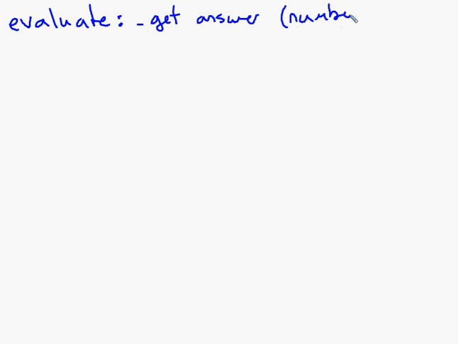We'll do more grouping in a moment. I want to talk about evaluating. Evaluate is when we get an answer. Well, of course we want to get an answer. Usually a numerical one. So we want a number. And what we do is we replace variables, those are our letters, with a number.